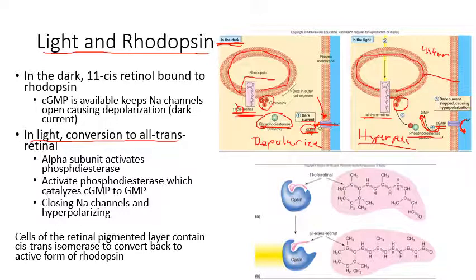In a hyperpolarized cell, we're not releasing neurotransmitter, and we're not talking to those bipolar cells, because remember, the photoreceptors talk to the bipolar cells. So again, somewhat backwards here.